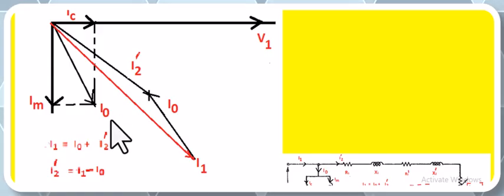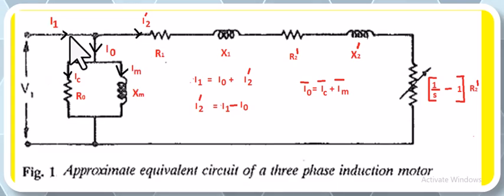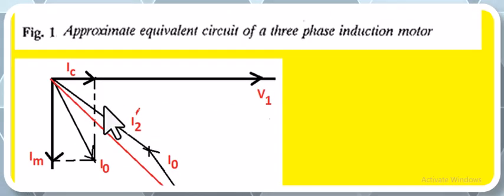As we know, I0 is nothing but the vector sum of IC and IM. So when we draw the vector sum, I0 becomes like this. Let us say I1 is the input current, and let us assume that this I1 is lagging V1 by some angle like this.